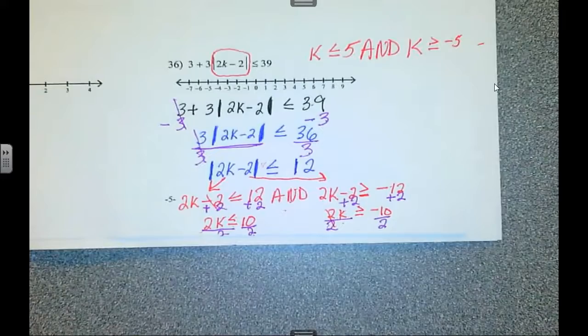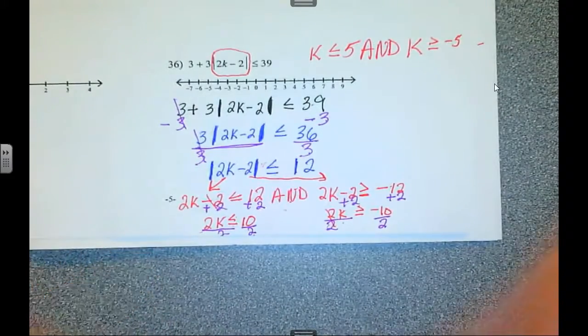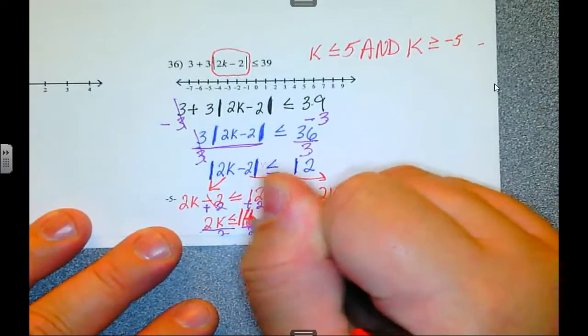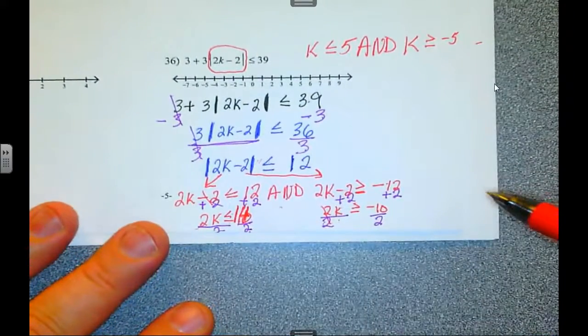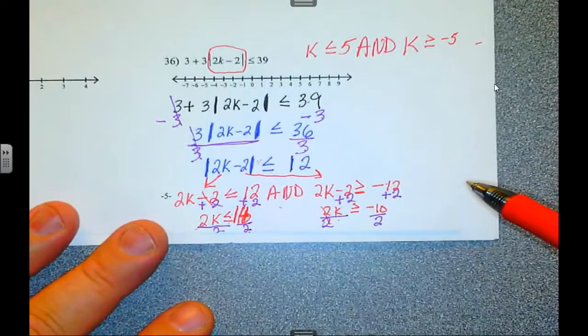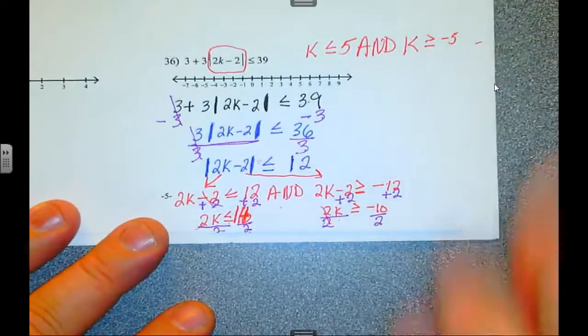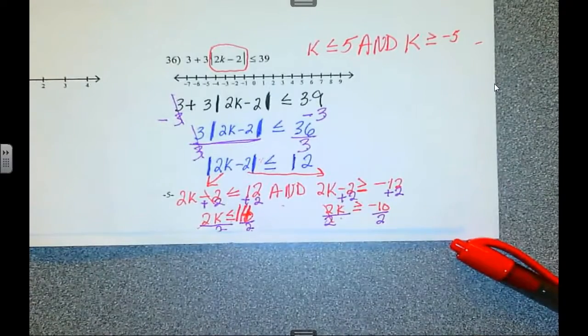Yes, ma'am. You're right. 12 plus 2 is 14. So 1 would be 7. The other 1 would be 5.